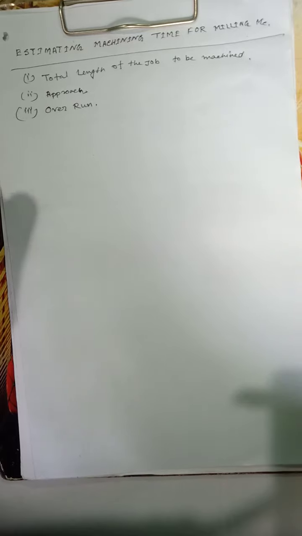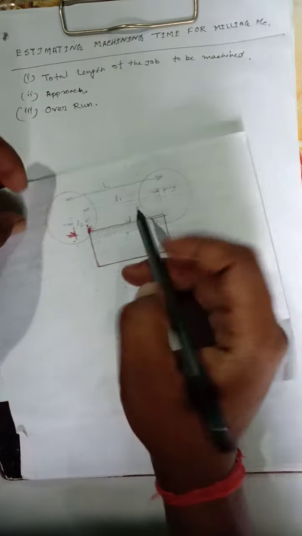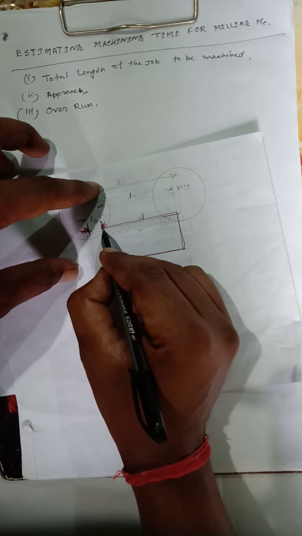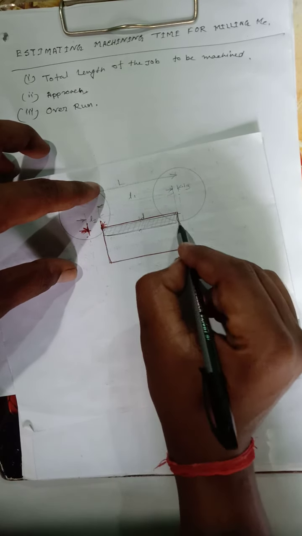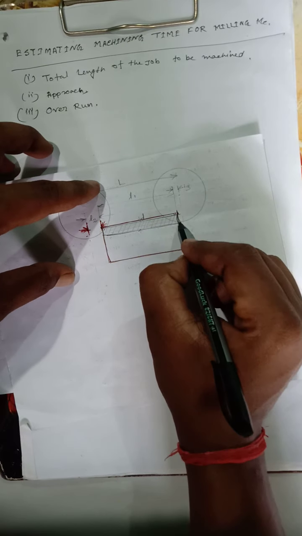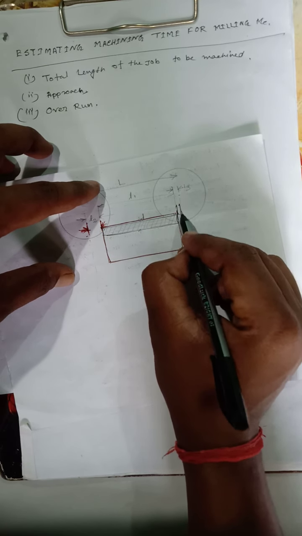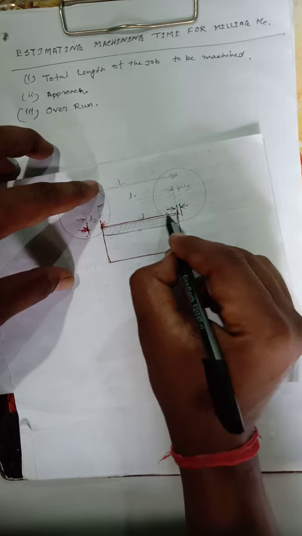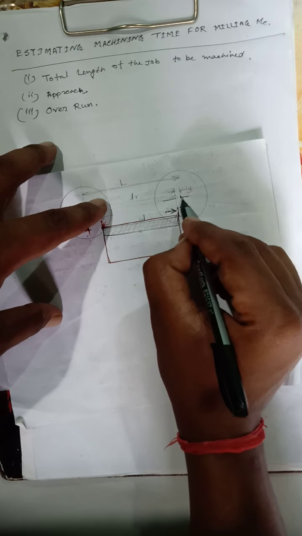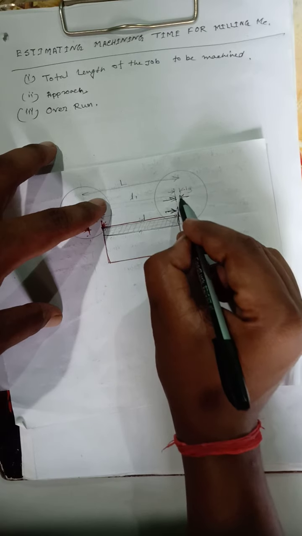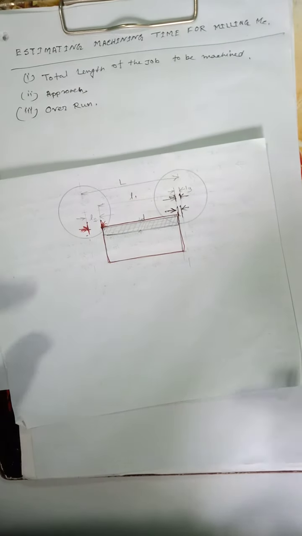The distance through which the cutter has to be moved further, after the job length. After the machining is complete in one cycle, the cutter is moved a further distance. This distance is called overrun.